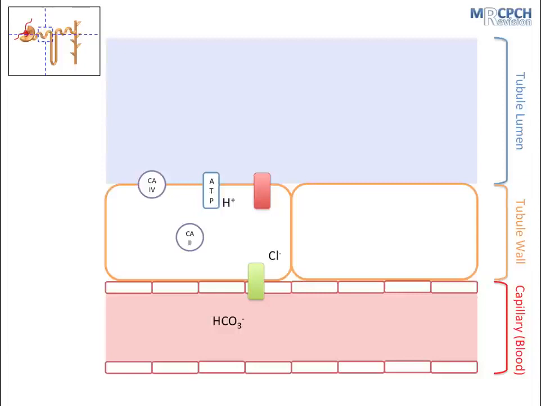So what about the protons that are generated? The first one: there is a proton pump, an ATPase, that actively secretes hydrogen ions into the tubular lumen.